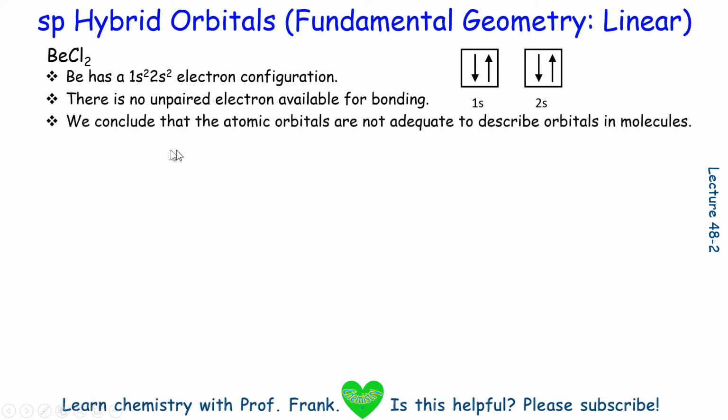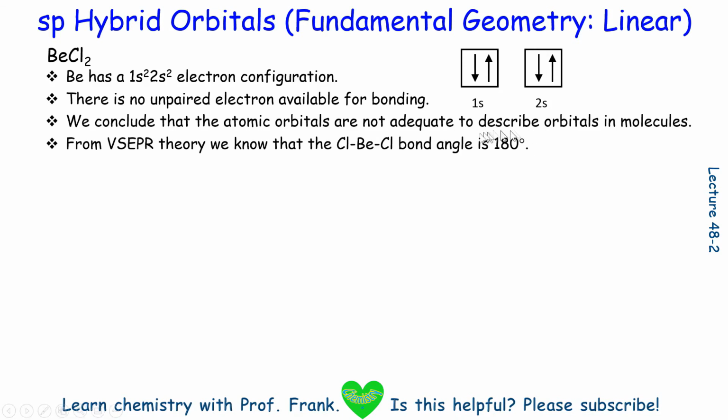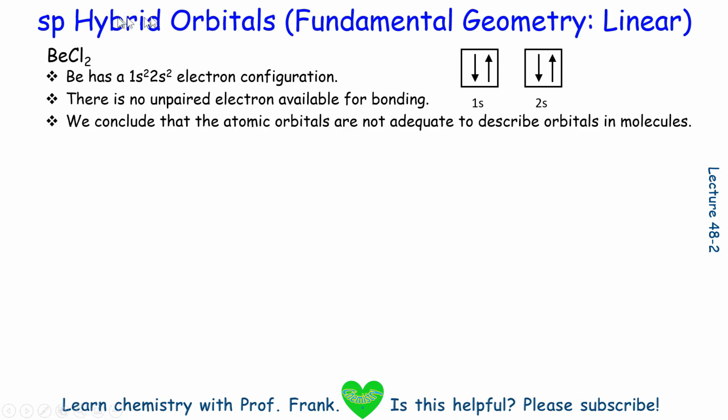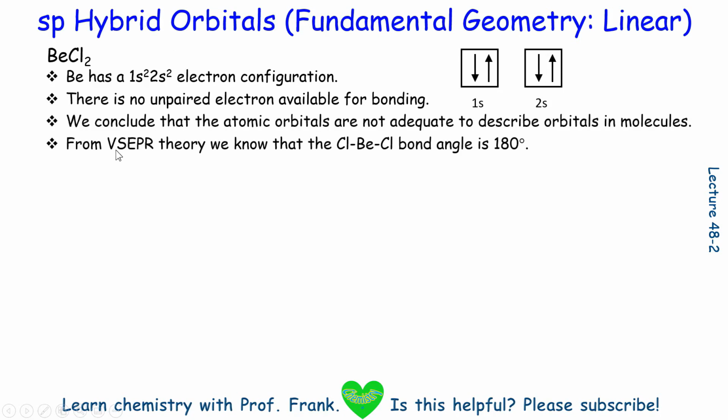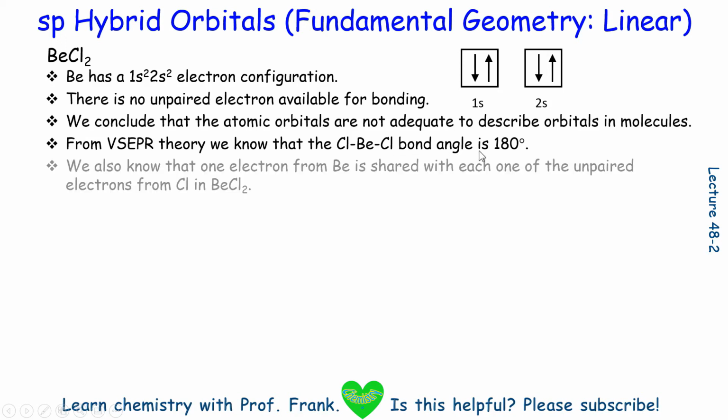Because of that, we conclude that the atomic orbitals are not adequate to describe orbitals in molecules. What do we do? We use hybrid orbitals. Using the valence shell electron pair repulsion theory, we know that the Cl-Be-Cl bond angle is 180 degrees, it's linear.